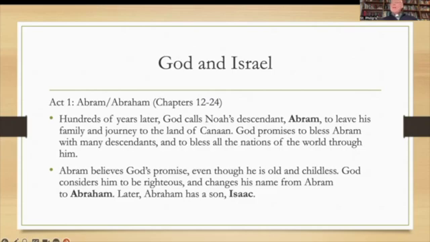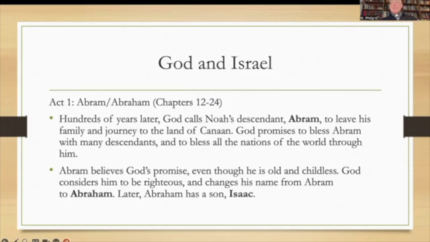And so Abram believes God's promise. That's the great act of the leap of faith of Abram. Even though he is old and childless and his wife is past childbearing years, they are blessed with a son, Isaac. Abram's name is changed because of his covenant with God from Abram to Abraham.